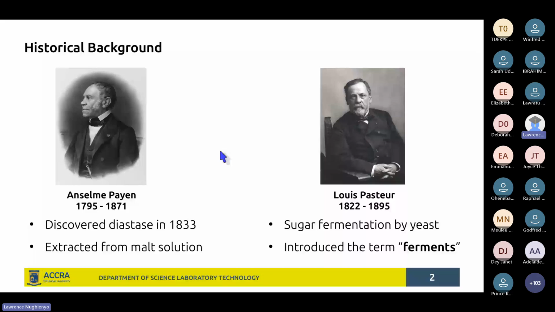So they used some extractions from plants, and if they added it to say things like meat or some carbohydrates like some sugars, they could see that there was some activity on these substances, but it wasn't understood what really was happening.